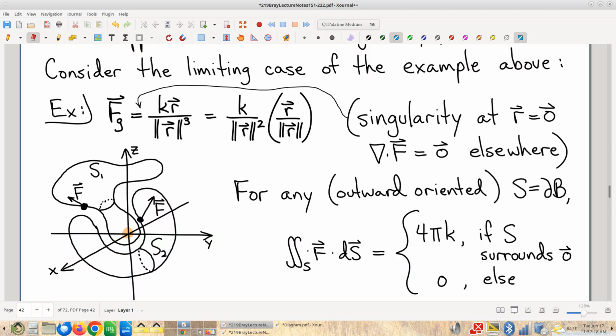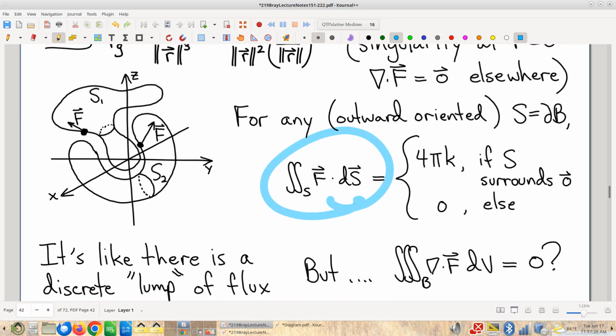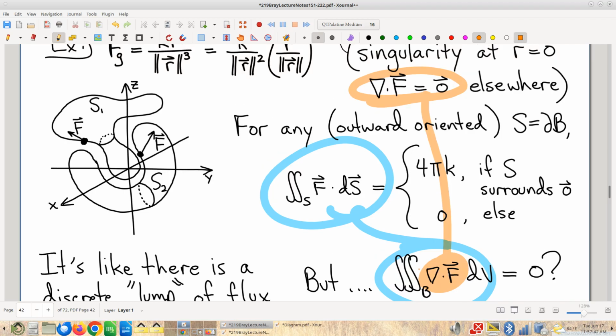So with this in mind, now I claim we're prepared to at least address the problem with a singularity. The problem is, hey, wait a minute, I thought Gauss's divergence theorem told me these things are supposed to be equal. And didn't we just compute that the divergence is 0 everywhere except for that one teeny tiny little, come on, just 1 point? It's just the 1 point where the singularity is.